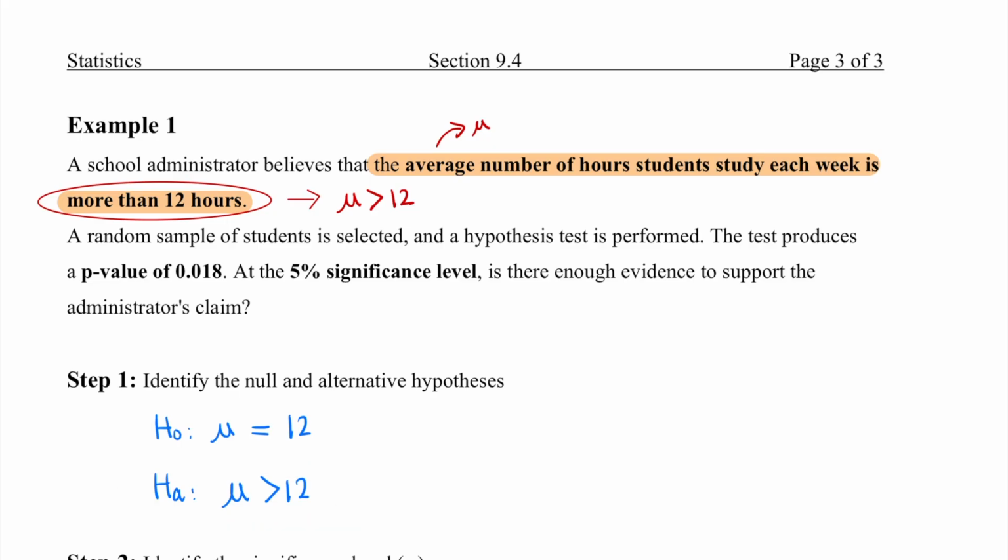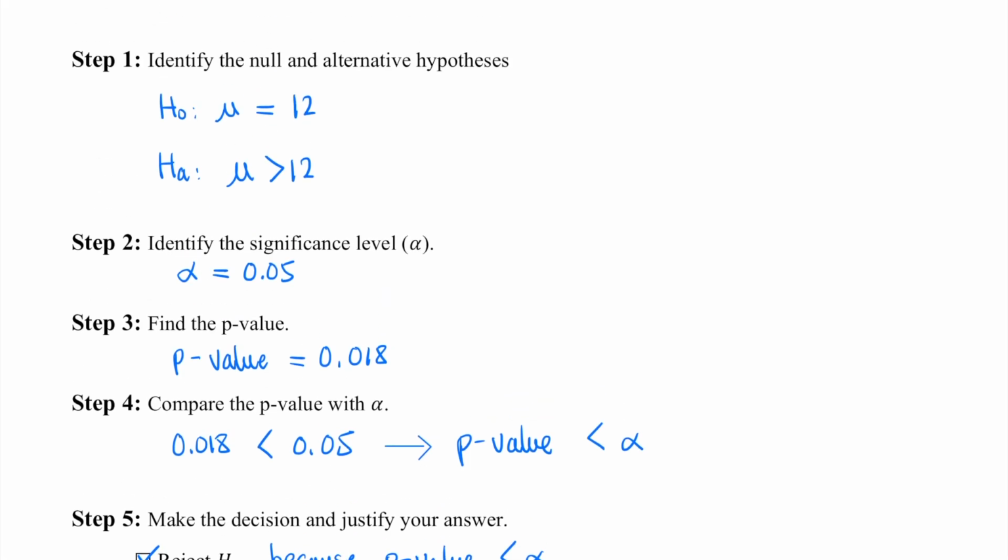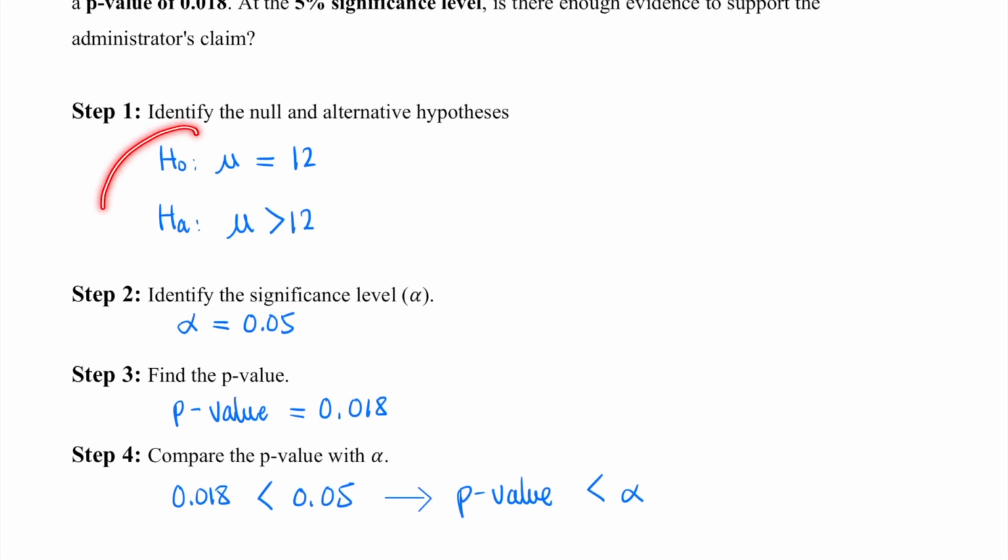Go back here. We reject H0. We have two statements, H0 and HA. We reject H0. That means we do not support this one. So we will support this.